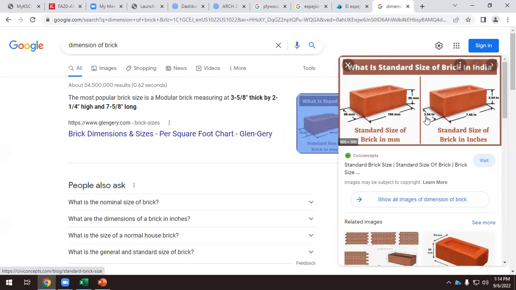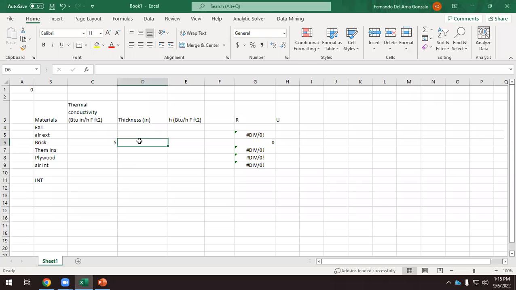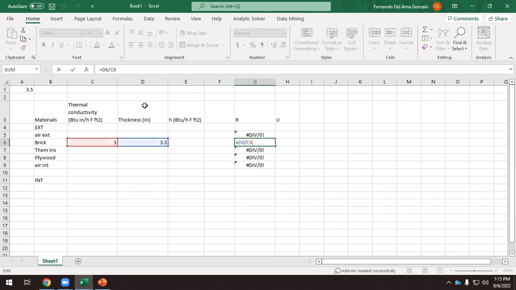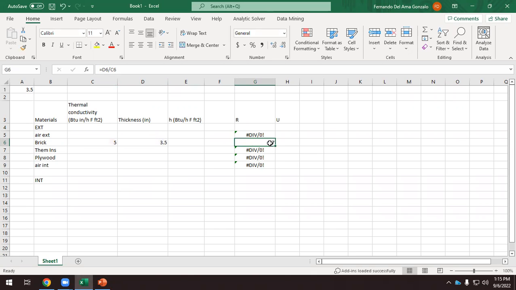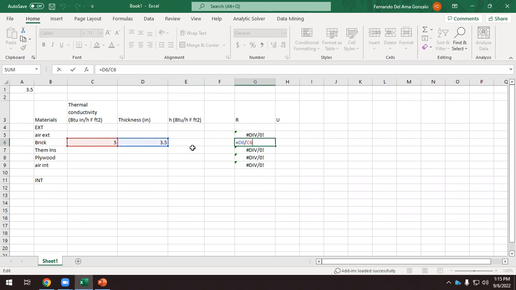We're going to use 3.5 inches. So if we click here, you can see that it's D6 divided by C6. If you double click here, you see the cells that are involved in this formula, so it works.